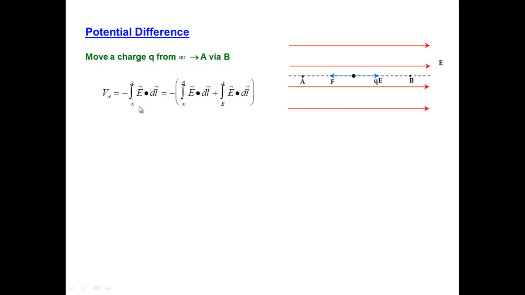So this integral would be broken down into 2 pieces, because we would start at infinity and go to B first, and then go from B to A, the final location. So this just expands the integral into 2 terms. So V at point A then is just given by these 2 terms, but we distribute the minus sign through there because that minus sign was originally out in front of the original integral.